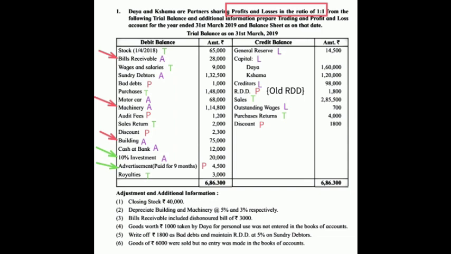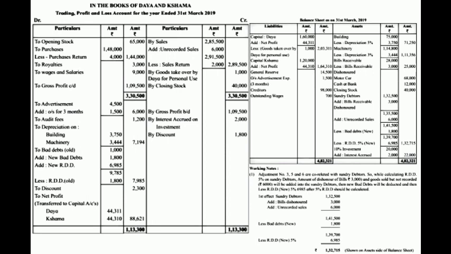In this adjustment, some adjustment is there in the trial balance itself. If there is an adjustment in the trial balance, it is called a hidden adjustment, which is marked with the green arrow. Green arrow means there is a hidden adjustment, and red arrow is the adjustment given in the adjustment part.